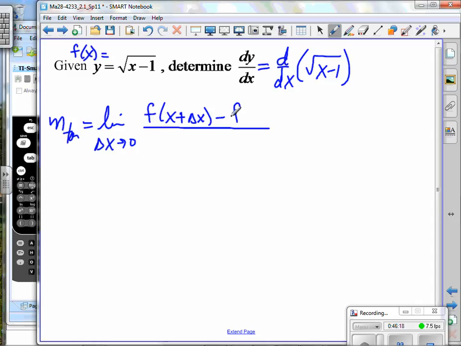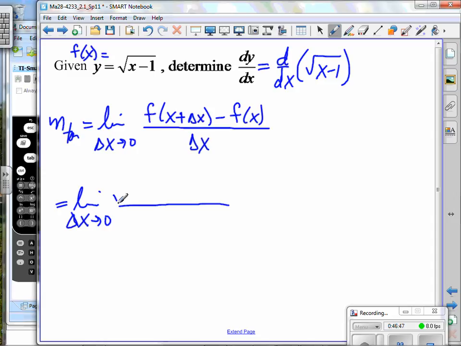minus f of x divided by delta x. Same thing. So we're going to write the limit as delta x goes to 0. Again, take the input expression, x plus delta x, and everywhere in that function you see an input variable, you will make a substitution.